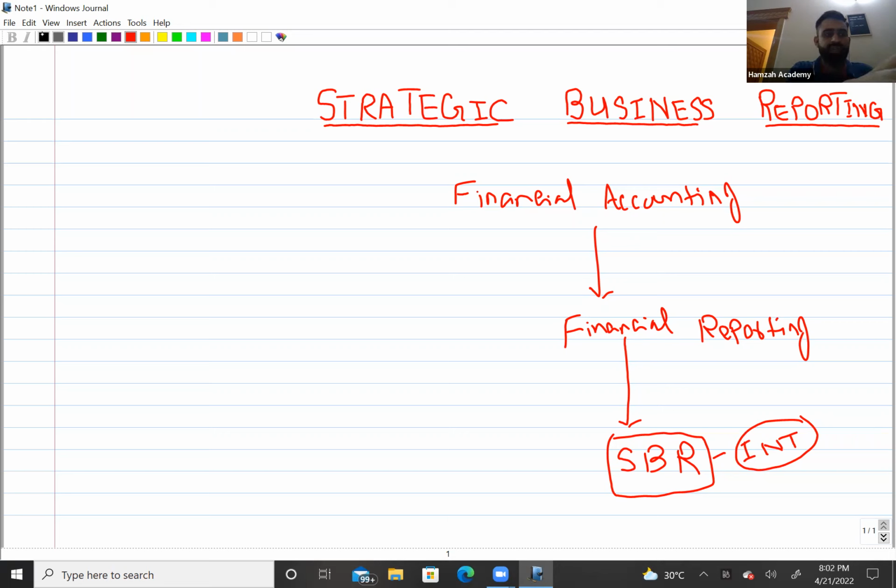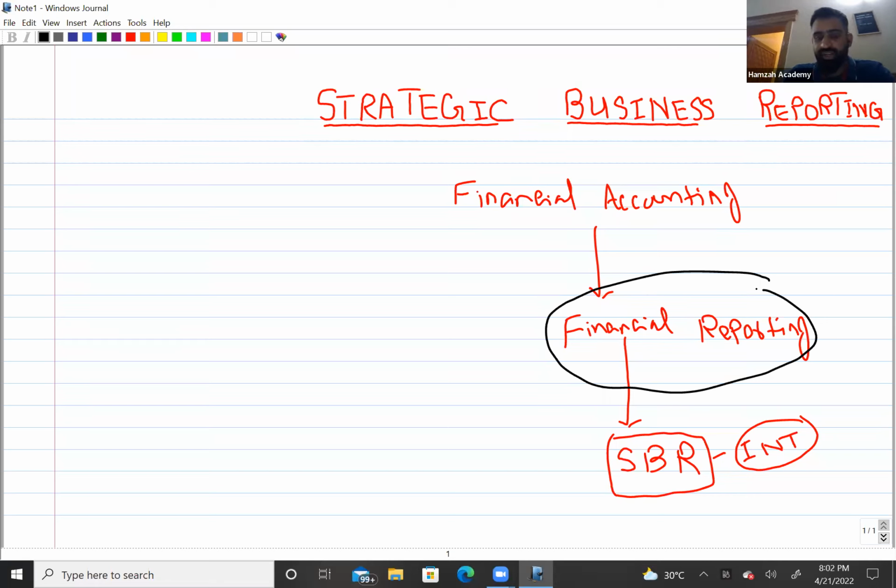Now, in SBR, the knowledge from the previous paper will be very useful. A significant portion of SBR will consist of topics which we have studied at the financial reporting, or FR, level. So FR is still very much relevant at SBR level.